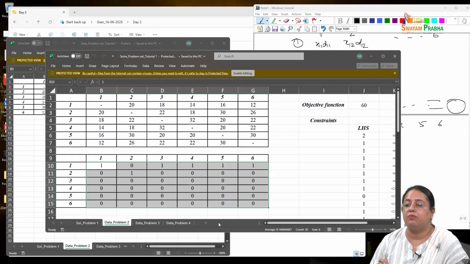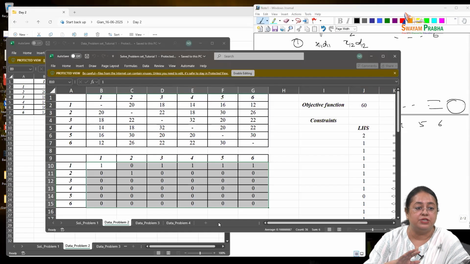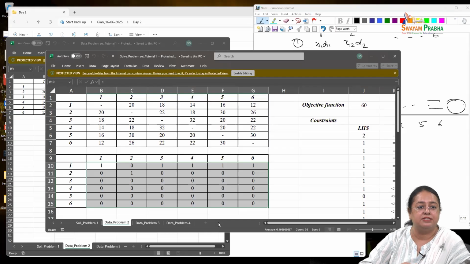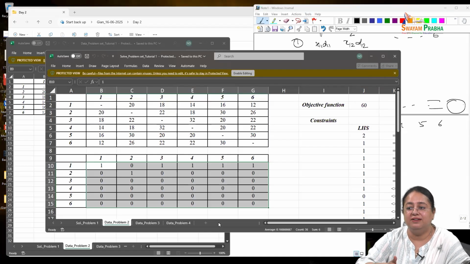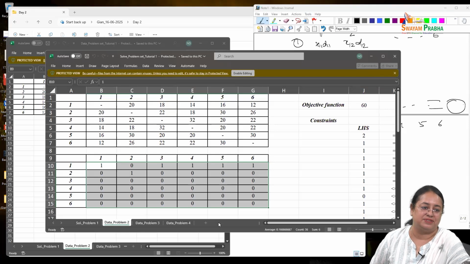For this problem, what are our decision variables? Distance is given. What we want to find out is which facilities are open and which are not. And another decision variable: if a facility is open, which node is connected to that opened facility?